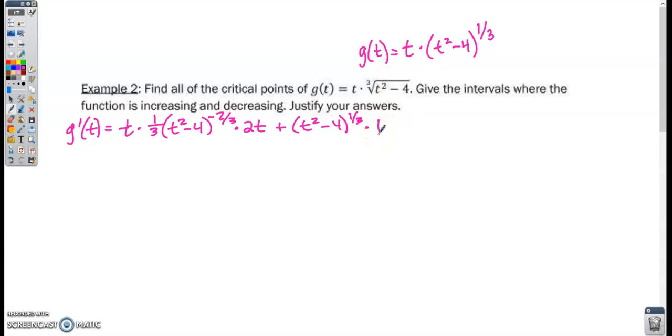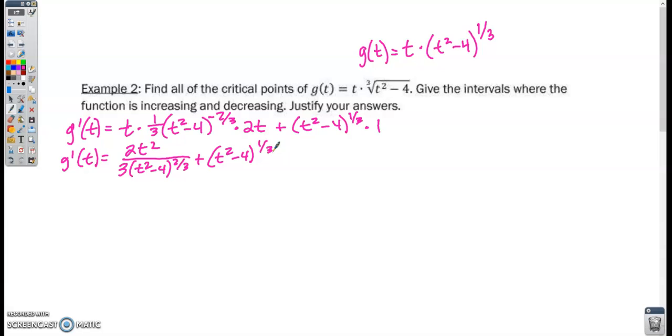Okay, and if I simplify this and clean it up a little bit, this becomes 2t squared over 3 times the quantity t squared minus 4 to the 2/3 power, plus the quantity t squared minus 4 to the 1/3 power.